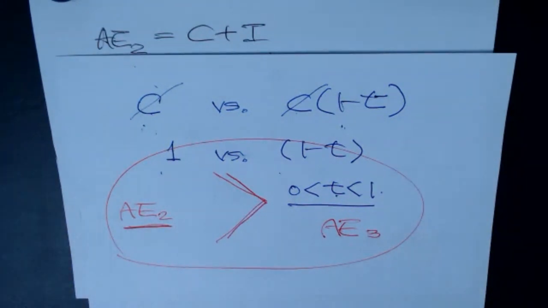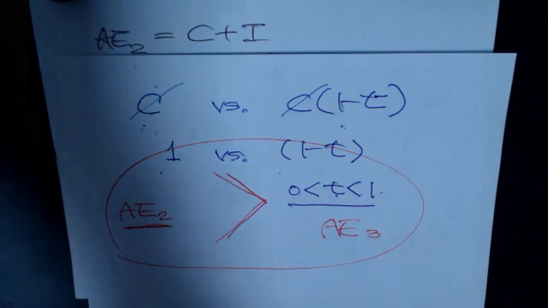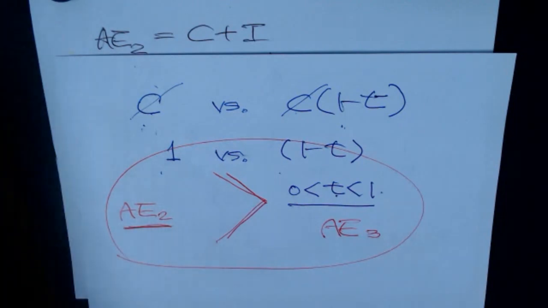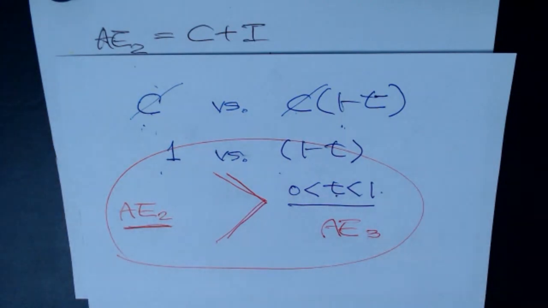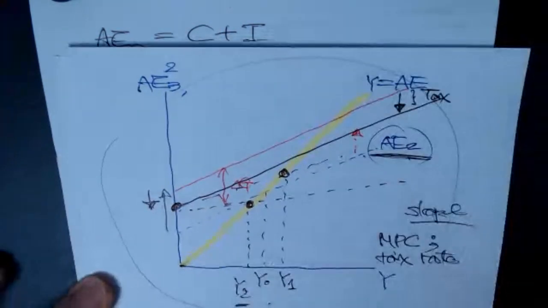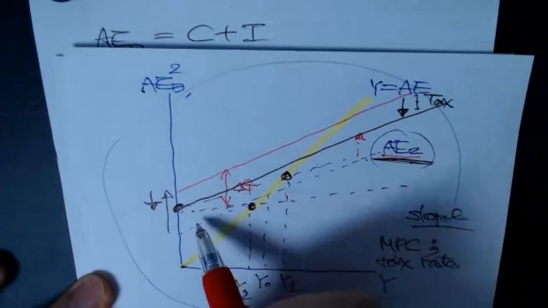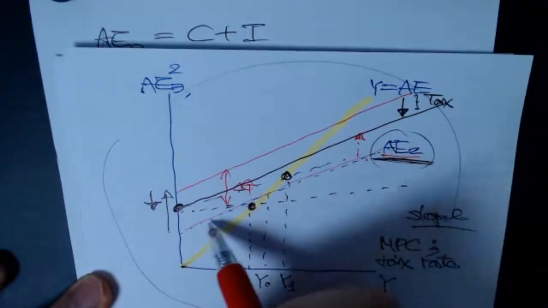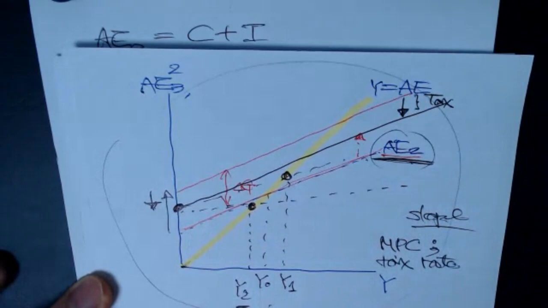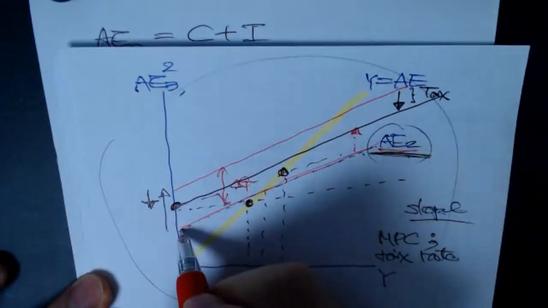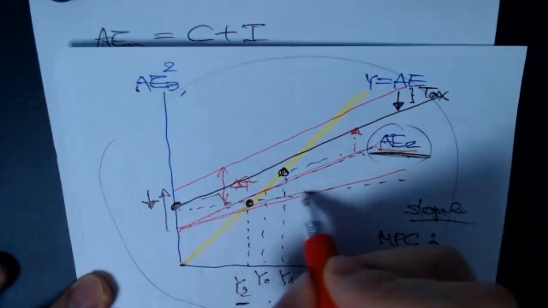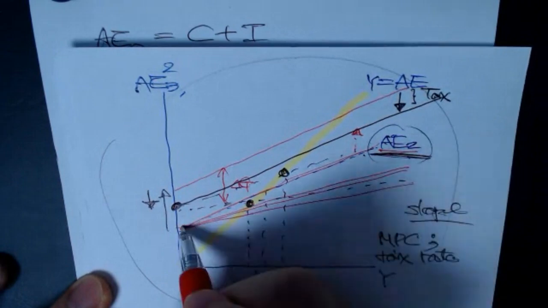In the graph which we show, aggregate expenditure in the 3-sector model is always flatter, right? Always flatter. For example, if we have aggregate expenditure 2 like this, then the slope of aggregate expenditure 3 is always flatter, like this.